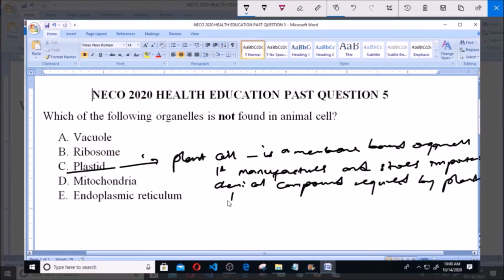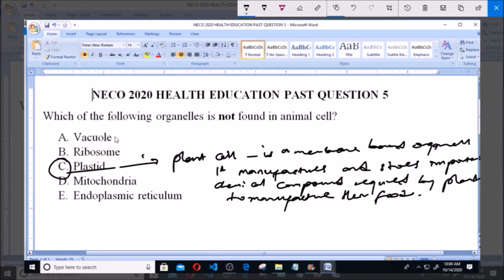This is the function of plastid, and you can see that plants are autotrophs. So plastid actually helps these plants by providing compounds that are required for them to manufacture their food. So plastid is only found in plants and not found in animal cell, thereby making it the correct answer.